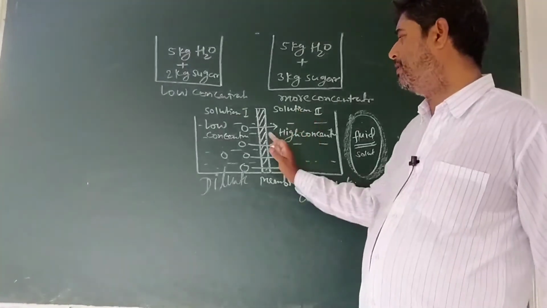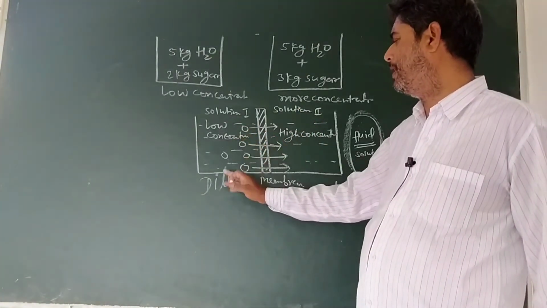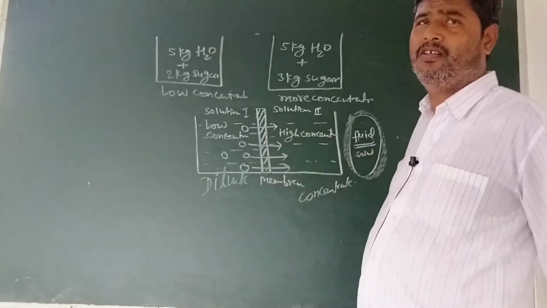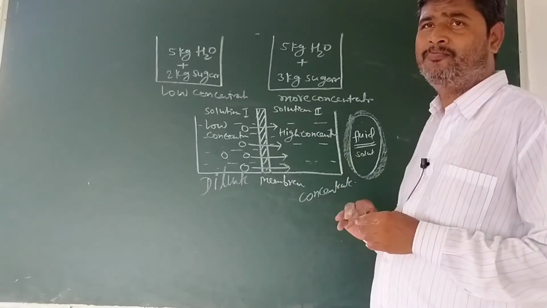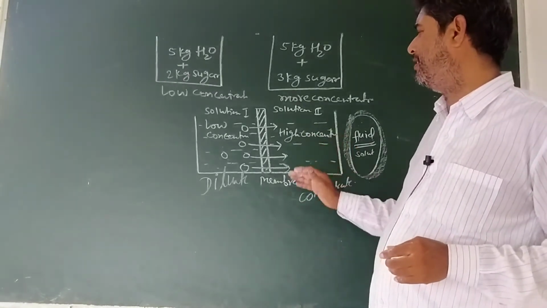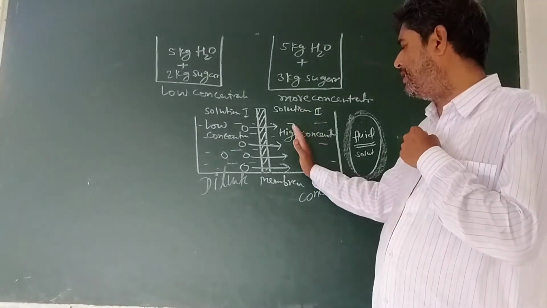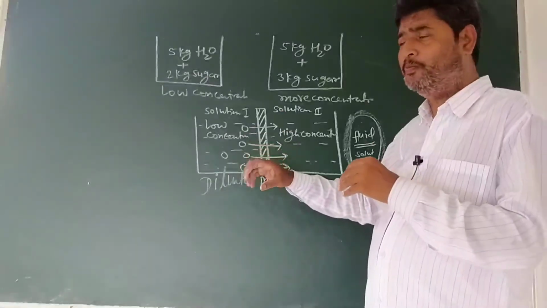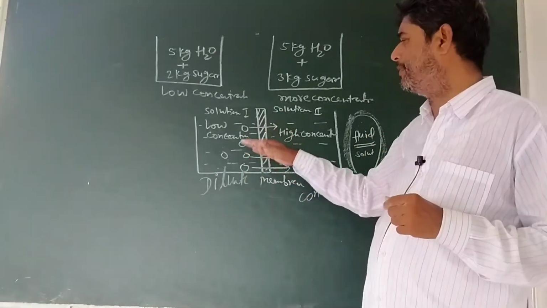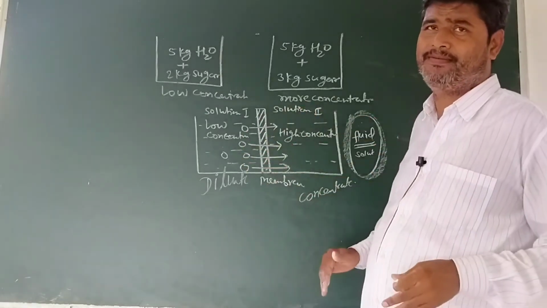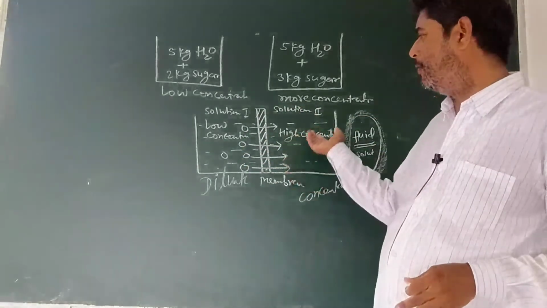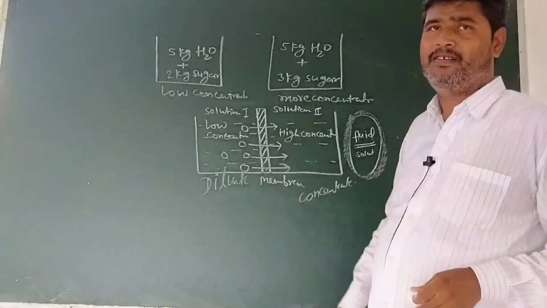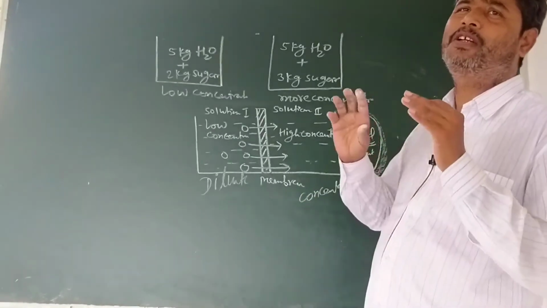So to prevent the migration of solvent molecules from dilute solution to concentrate, we have to subject an essential pressure in the chamber of concentrate solution towards dilute solution, by means of which movement or migration of solvent molecules may be prevented. The pressure applied in order to prevent the movement of solvent molecules from dilute to concentrate solution is known as osmotic pressure.